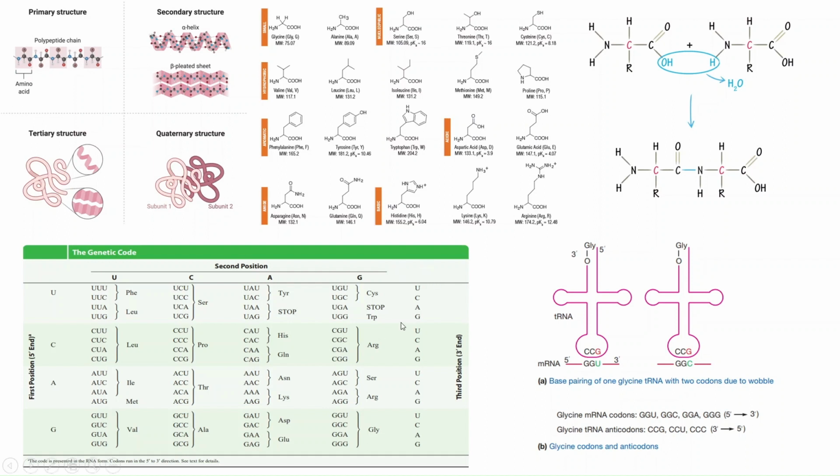During translation, we have learnt about the triplet codon concept, where three nucleotides together will code for one amino acid. And the tRNA, this structure present in the bottom of the slide, is the tRNA structure. This tRNA will bring in the amino acid that corresponds to the triplet codon in the mRNA strand.